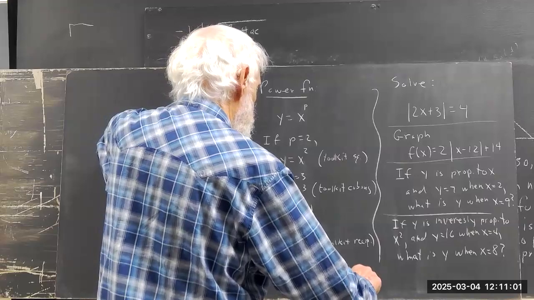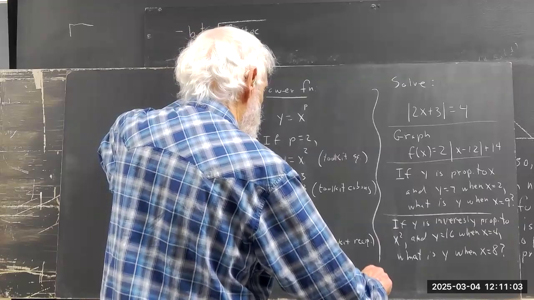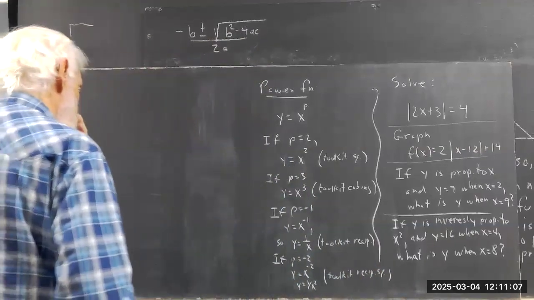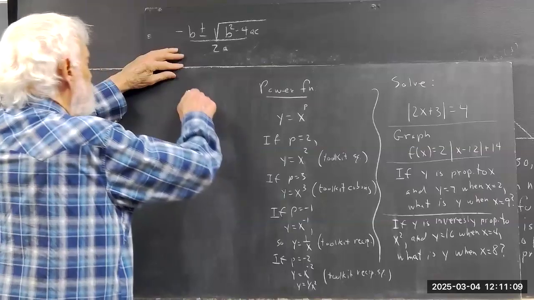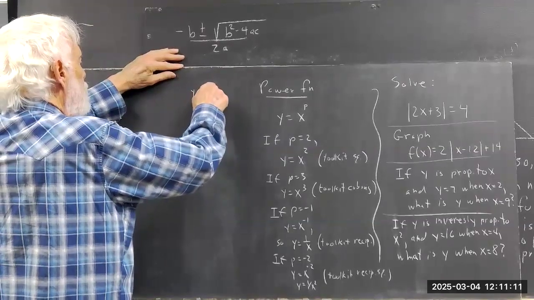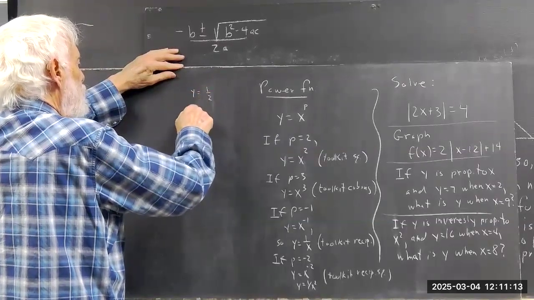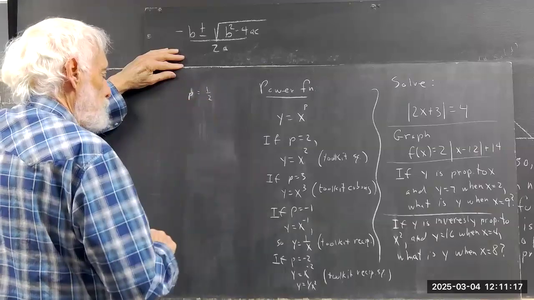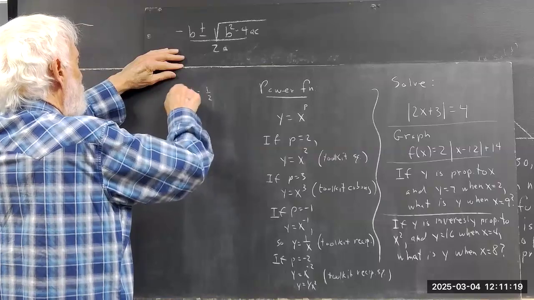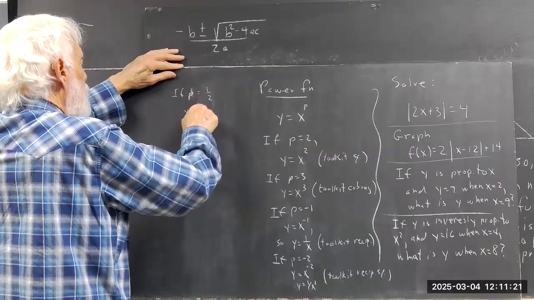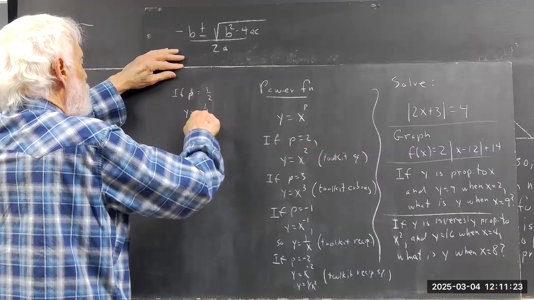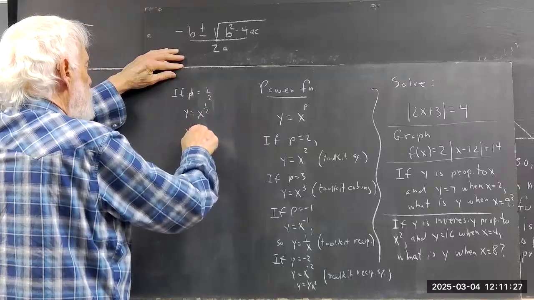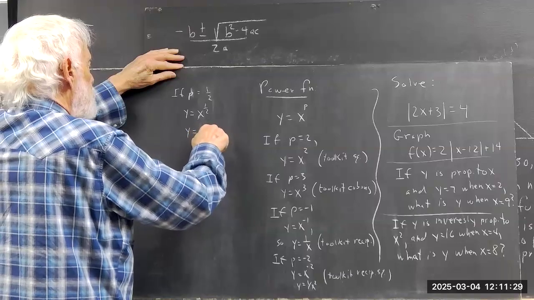This is a toolkit reciprocal square. And furthermore, if p equals 1/2, y equals x to the 1/2, which is y equals the square root of x.